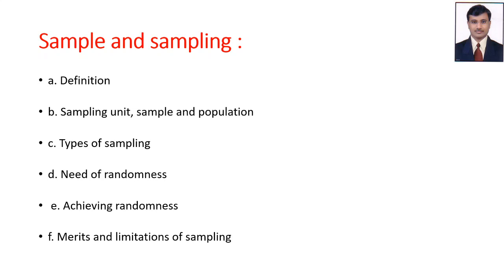In that point, we have to study definition. Next, sampling unit and sample and population, types of sampling, need of randomness, achieving randomness, and merits and limitation of sampling.